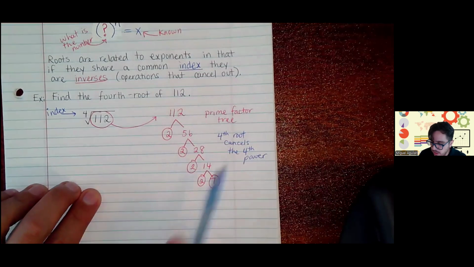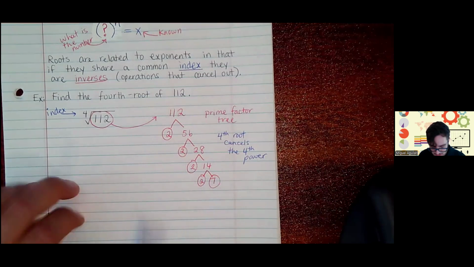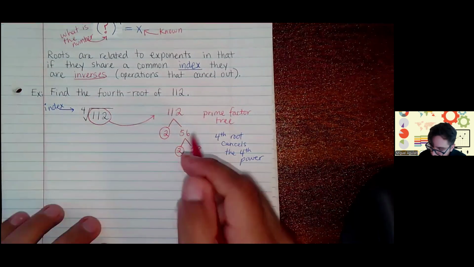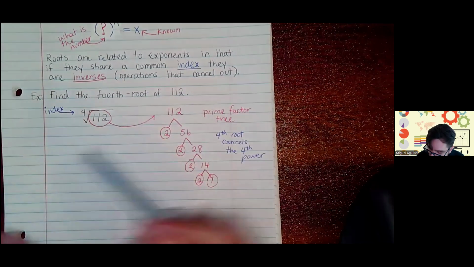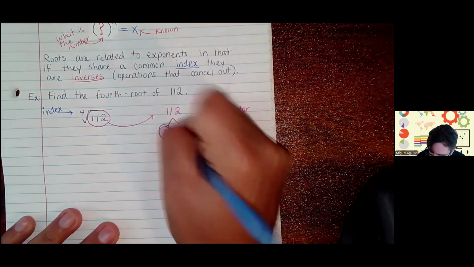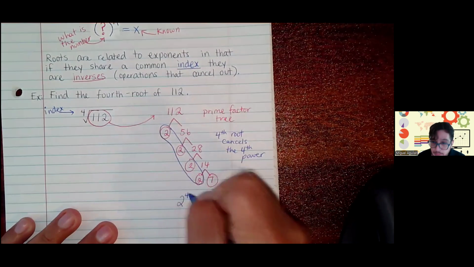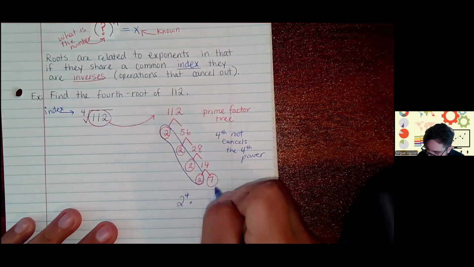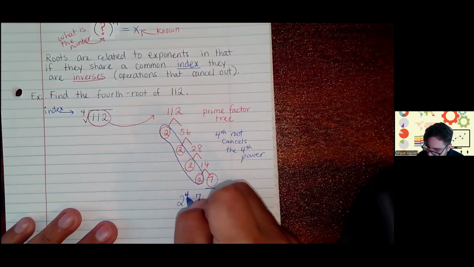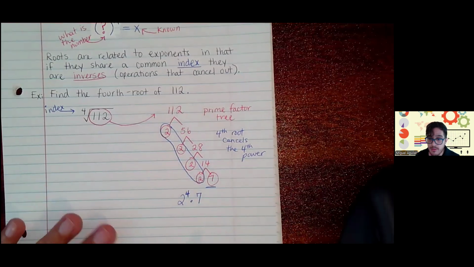Even though I could write this as 2 squared times 7, I'm going to write this as a fourth power, because I'm trying to use that index 4 to cancel out as many fourth powers as possible. So instead, I'm going to take these 4 copies of 2 and call that 2 to the 4th power, times this singleton 7 that we have all by itself. So now I have this expression, 2 to the 4th power times 7.